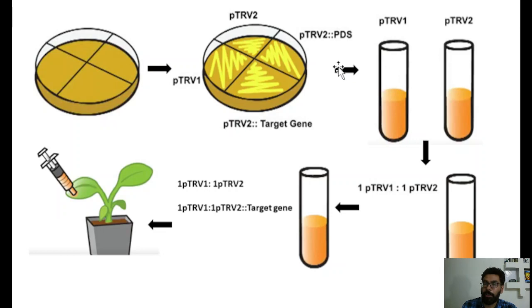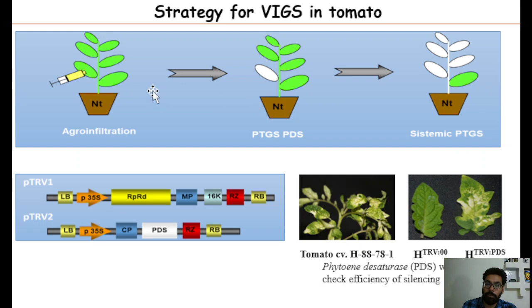So we mix the growth of the Agrobacterium and inject it into the plant, and that will amplify the signal. As you can see in this example, this gene was responsible for the synthesis of the chlorophyll color. So if we silence that gene, it will show the bleaching symptom, or whitening of the plant.